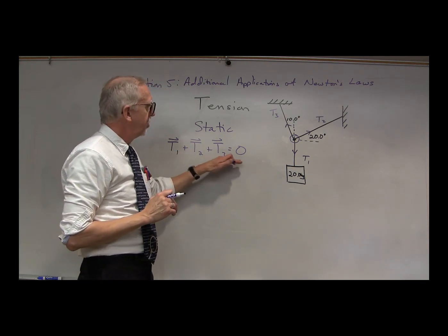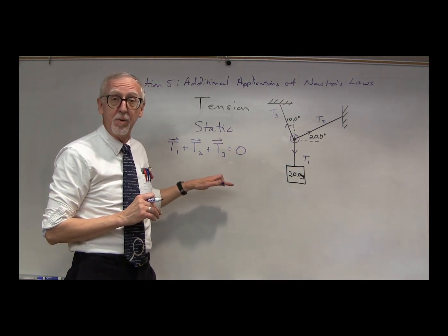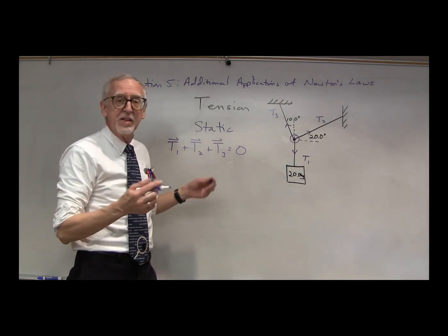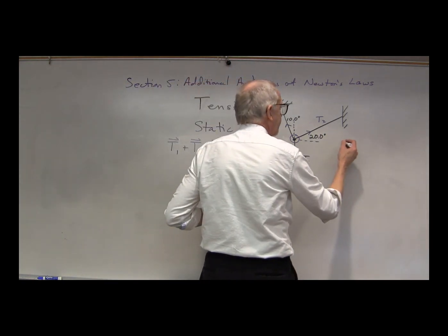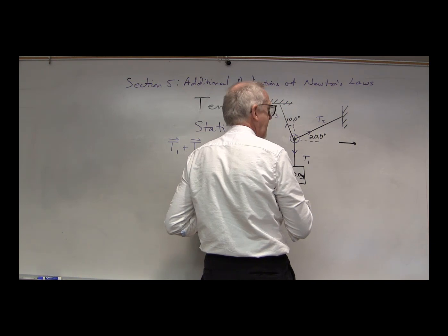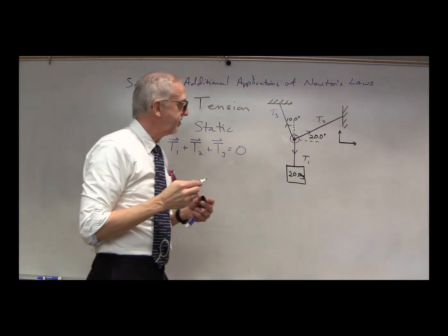If that's true, we can decompose these into an x and y part with scalars. Well, let's define an x and y axis and then we can do that. Let's define our x-axis, just typically horizontal and positive to the right, y vertical and positive up.